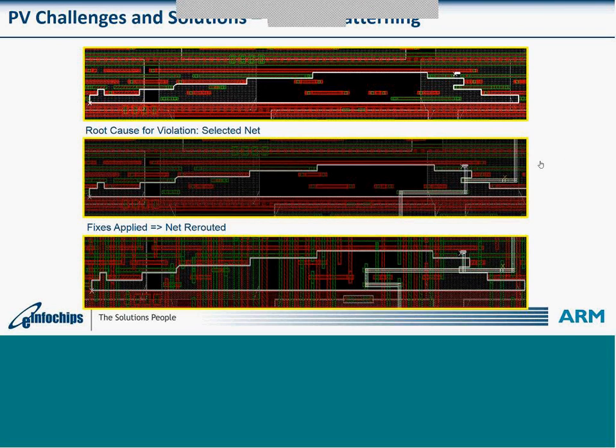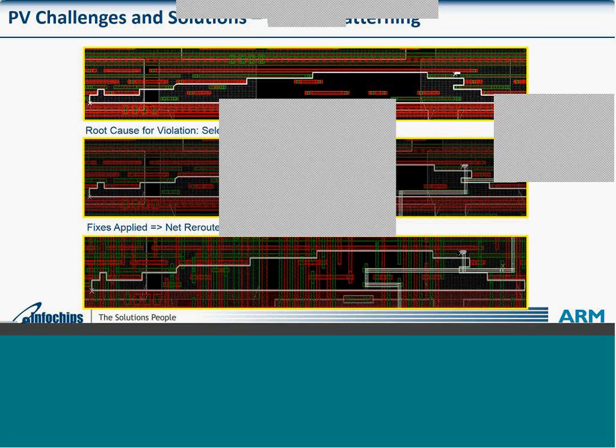During that time, it is very hard to figure out which polygon is really contributing to this. And there were cases where multiple polygons are creating such violations. So if we fix one polygon related issue, the enclosure becomes slightly smaller but doesn't disappear. So there are multiple polygons which are creating double patterning issues.